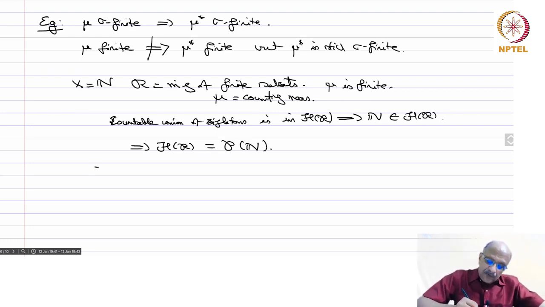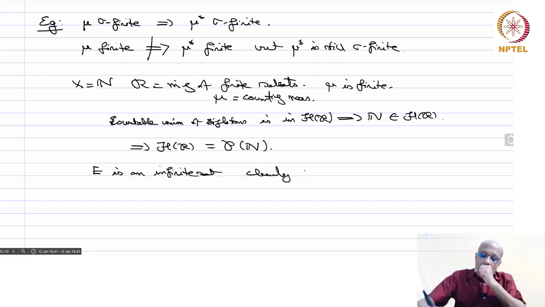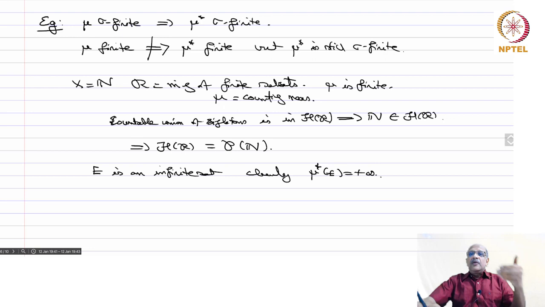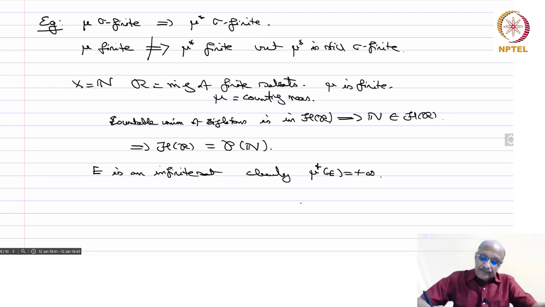And now if E is an infinite set, clearly mu star of E is plus infinity, because you have to cover it by a countable number of sets.